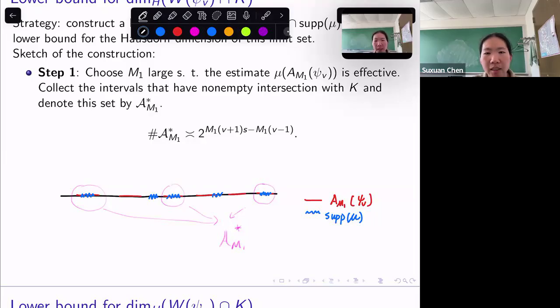So we take them and denote this set by A sub M1 star. And by an argument similar to the previous one, we have an estimate on the number of intervals inside A sub M1 star, and we can compute it explicitly by the same technique as before. It is this value, M1 V plus 1 s minus M1 times V minus 1.